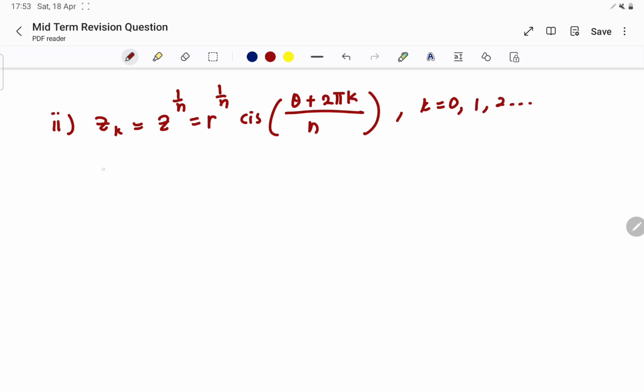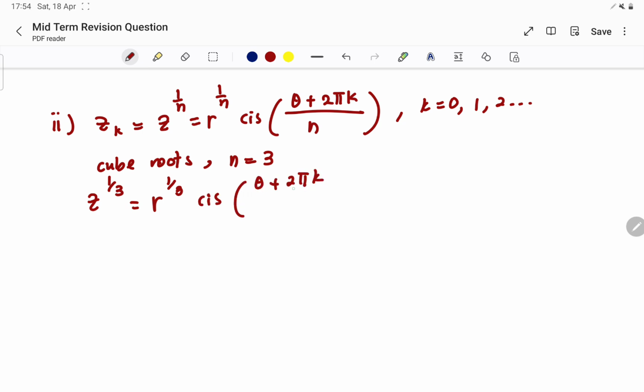Since we want to find cube roots, our n is equal to 3. So you substitute inside: z to the power of 1 over 3 is equal to r to the power of 1 over 3 cis of theta plus 2 pi k divided by 3, where k starts with 0, 1 and 2 only because we have 3 roots.